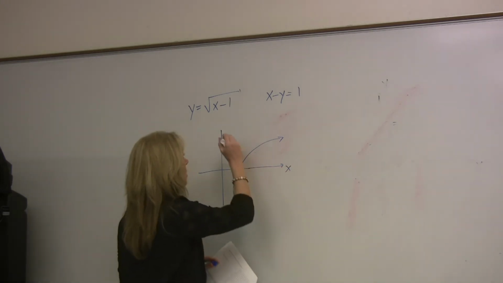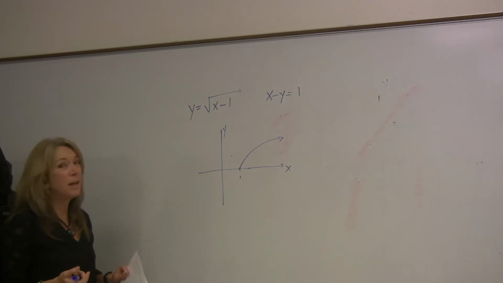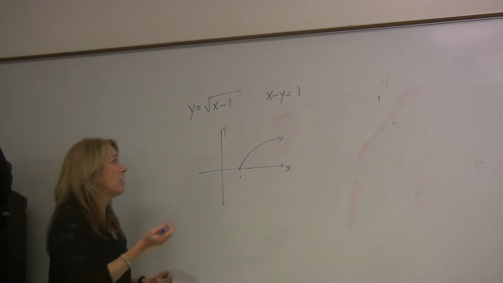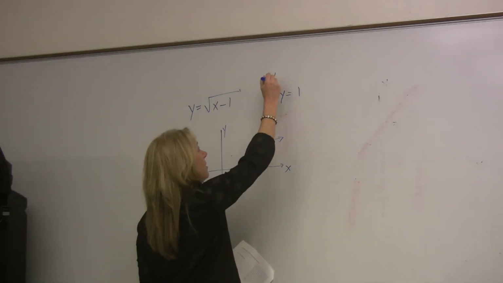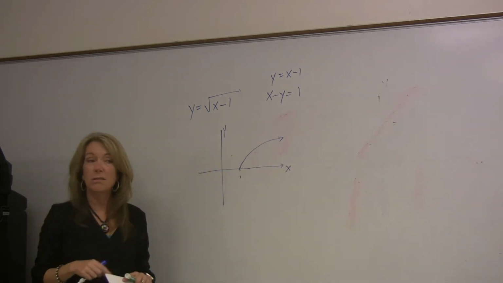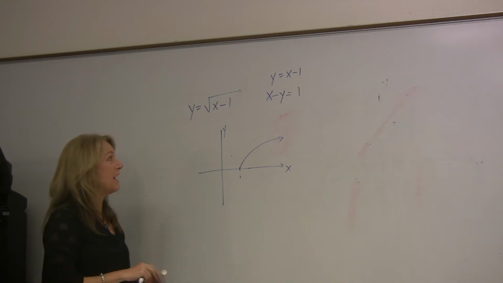And x minus y equals 1 is an equation of a line. Sometimes it helps to solve for y so you can recognize it. Y equals x minus 1, if you want to rearrange it. Move the y over, move the 1 over. That's just the equation of a line.